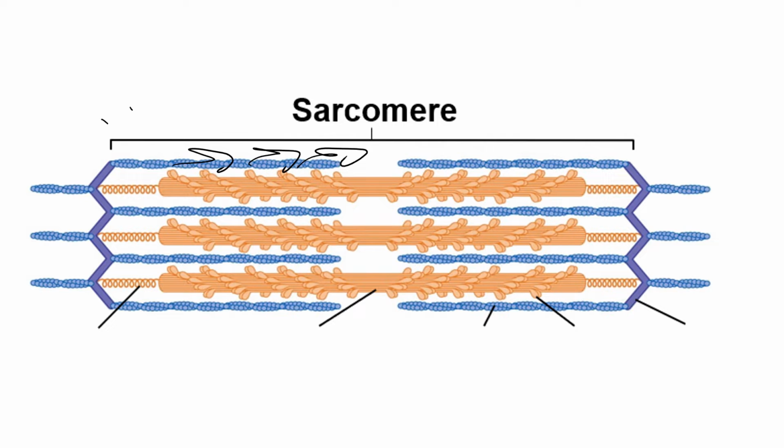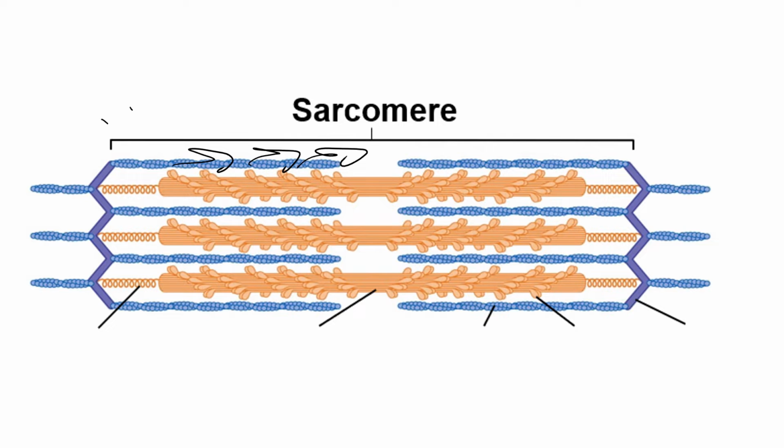So in theory, if the actin filament moves over the myosin filament at a really high velocity, a really fast rate, then there would be less time for myosin heads to interact with the actin filaments.